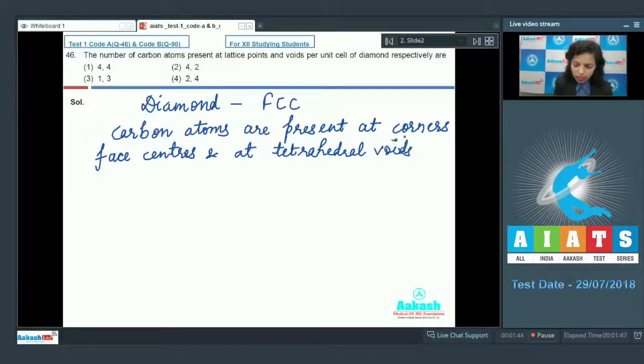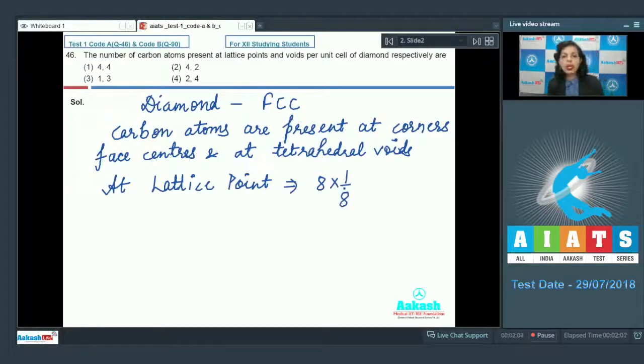Now as we know that these are present at 3 positions, we just have to find out. First we'll see how many carbon atoms are present at the lattice points. So there would be 8 into 1 by 8, because one atom is shared by 8 unit cells, that's why we are taking this. And at the face centers 6 into 1 by 2, and if you calculate it you will get 4.